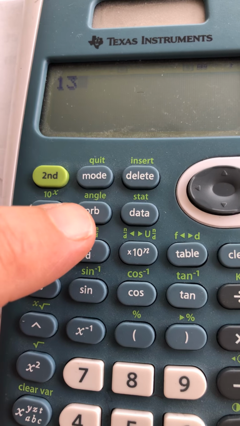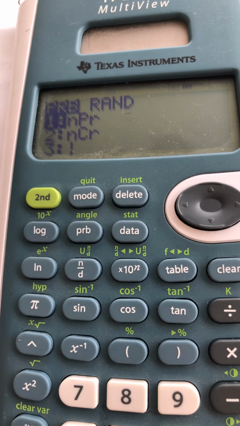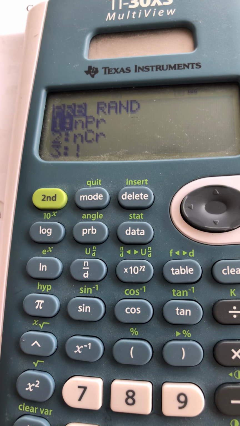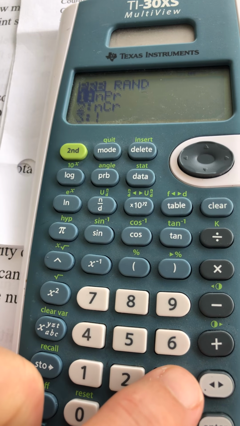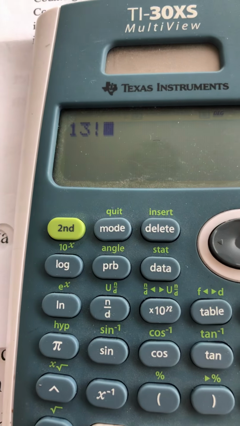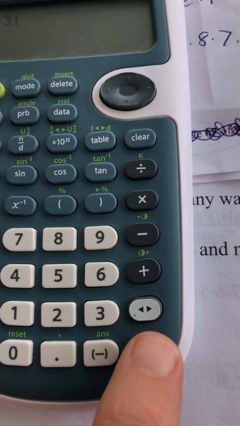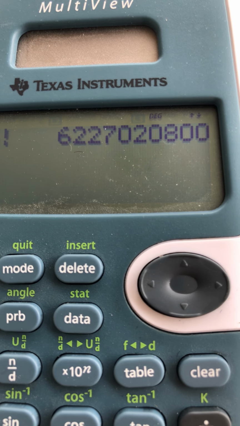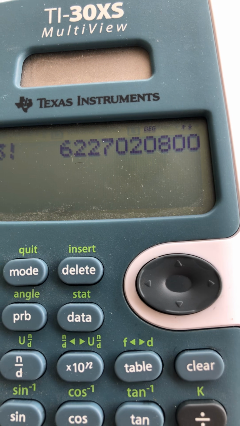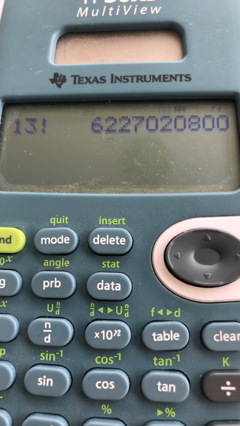Then I'm going to go to this little key right here, PRB, called the probability key. And if I go down to option 3, that's a factorial, so I'm going to pick option 3. And now what I have on the screen is 13 factorial. When I hit the enter key, there is my answer. 62270208000, a very large number, okay?